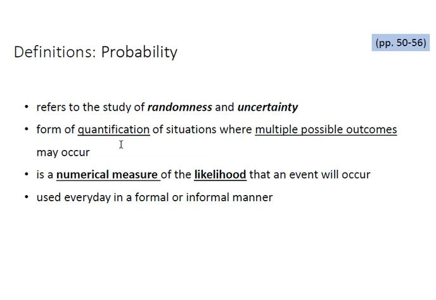It refers to the study of randomness and uncertainty, or it gives us a way to quantify, or put a numerical value to, a situation where multiple possible outcomes may occur. It is a numerical measure of how likely something is to happen, and it's important that we use it every day in a formal or informal manner.